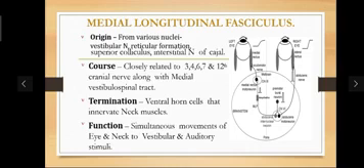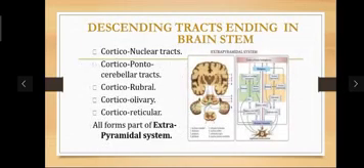So this is very important, medial longitudinal fasciculus. And the other descending tracts ending in the brain stem. Okay, so the tracts which are not going down till the spinal cord but ending only in the brain stem. These tracts are corticonuclear tracts, arising from cortex and ending in various nuclei in the brain stem, and corticopontocerebellar tracts, where the fiber starts from cortex, goes to pons, and then ends in cerebellum, and then cortico-rubral, cortico-olivary, cortico-reticular.